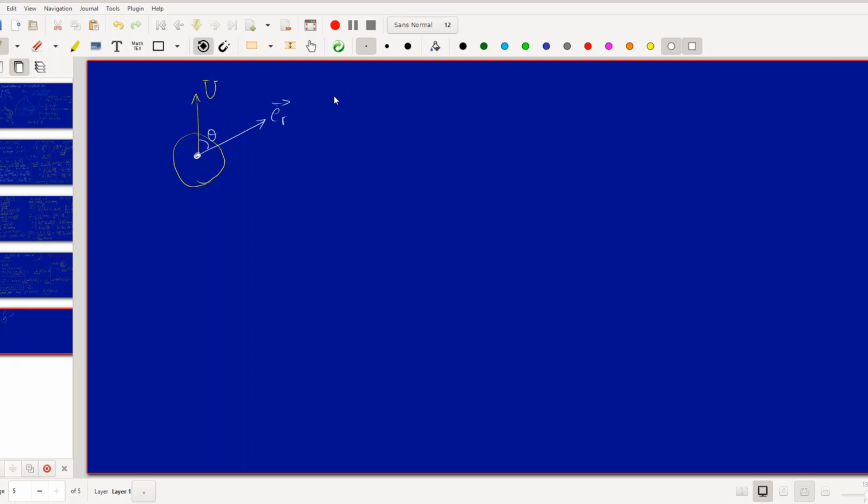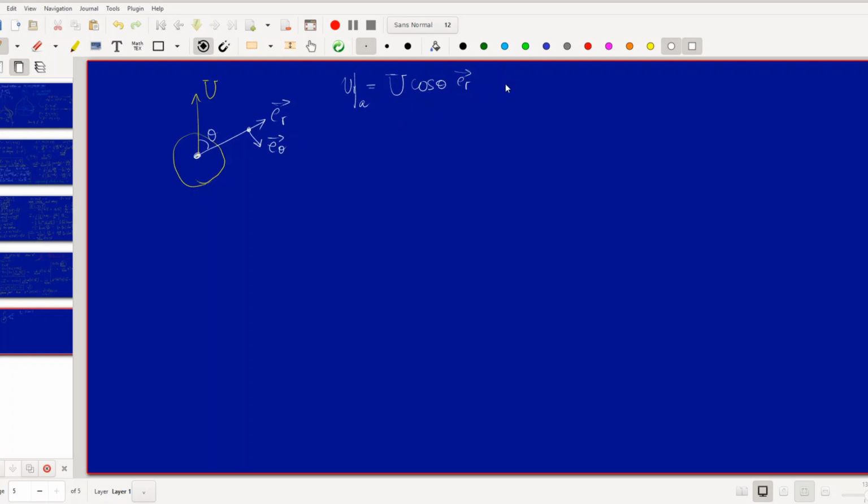What is the velocity of the particle in the er direction? It will be equal to U cos theta, right? So U at the particle is U cos theta er, and this direction is the e theta direction.